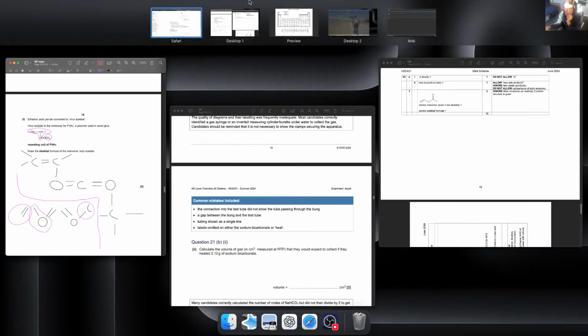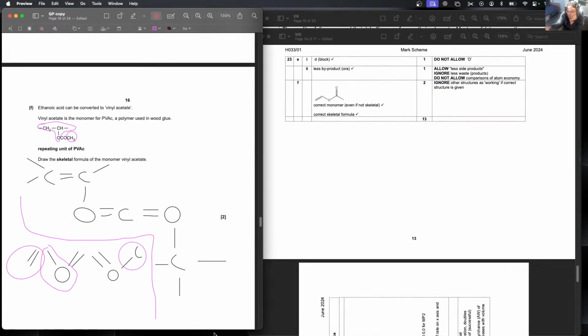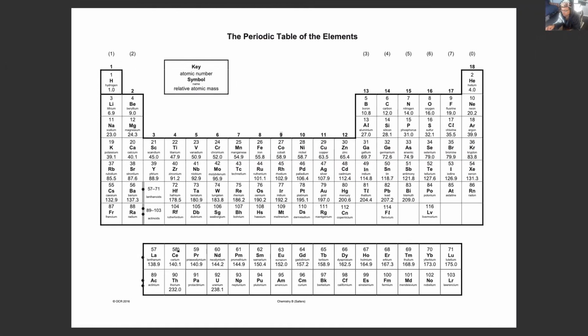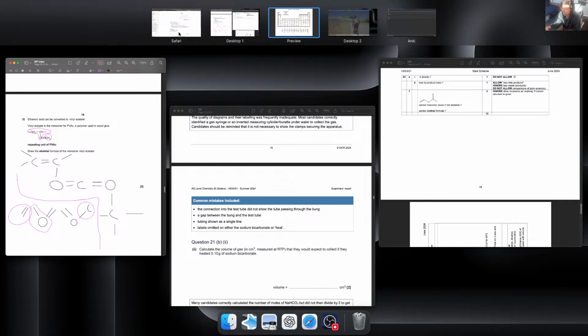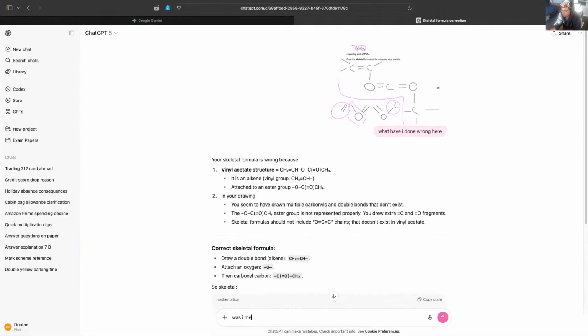How was I meant to know it fragments off like that though? Oh, okay. So let me ask ChatGPT. Was I meant to know this because there wasn't a bond to the carbons?